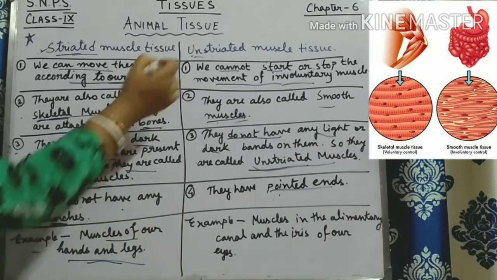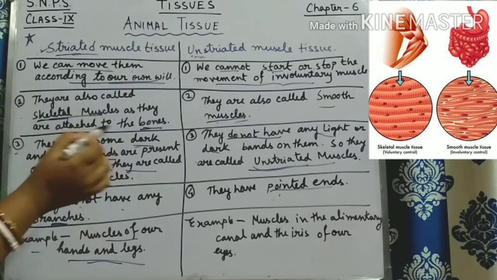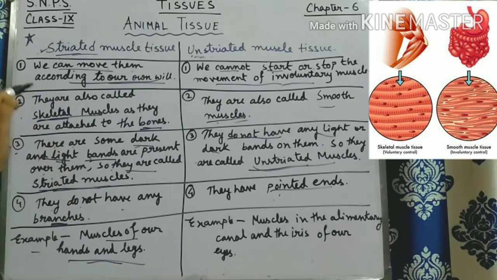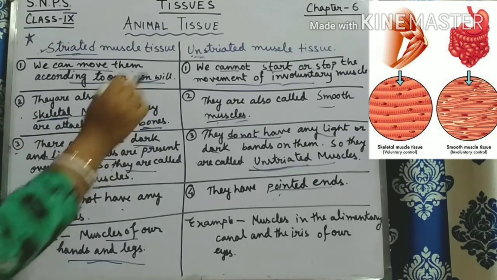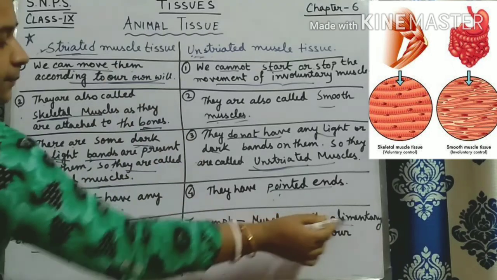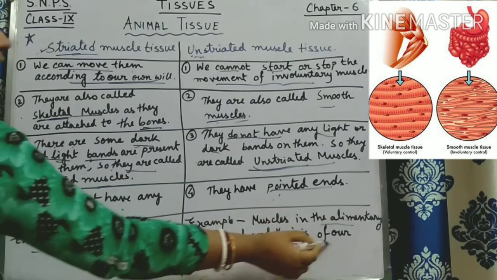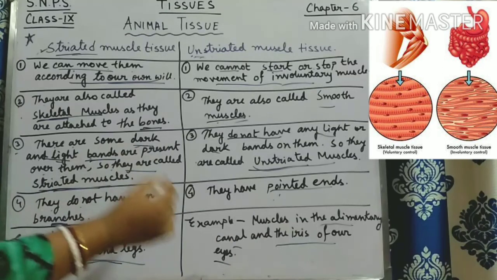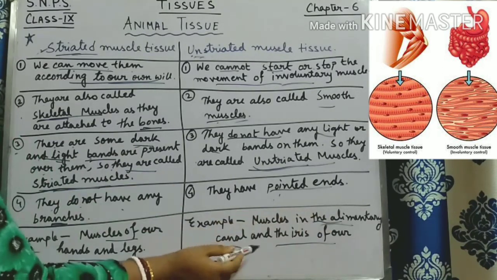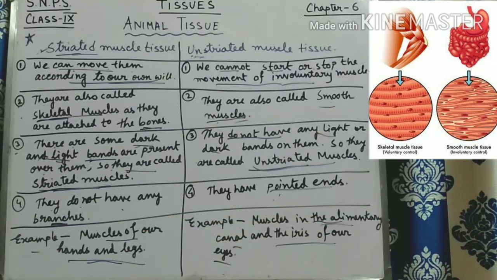And the unstriated muscles, that are involuntary muscles, that we cannot start or stop movement, are present in the alimentary canal and the iris of our eyes. You can see the pictures of striated and unstriated muscles. So I think you can understand this difference also.